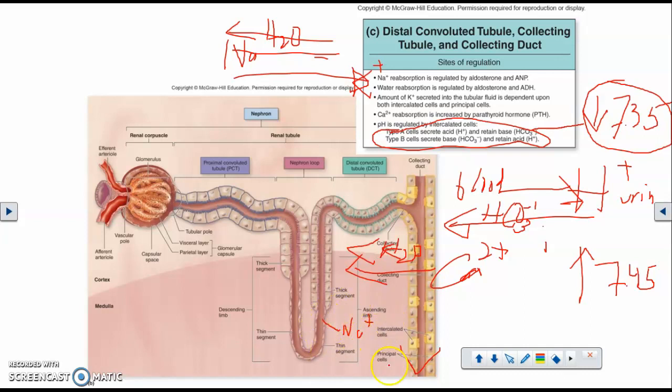The more of those ions exit, the more water exits. But the only portion that you truly control in terms of water balance is this portion. So please make sure that you focus on these processes involved in the distal convoluted tubule and the collecting duct.